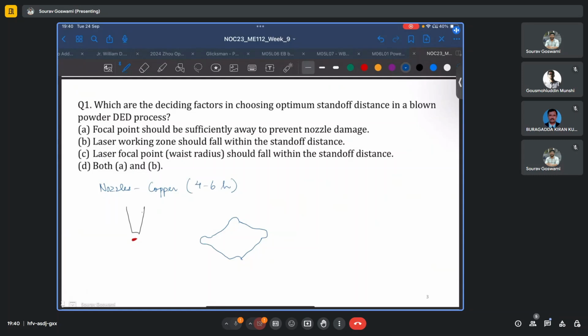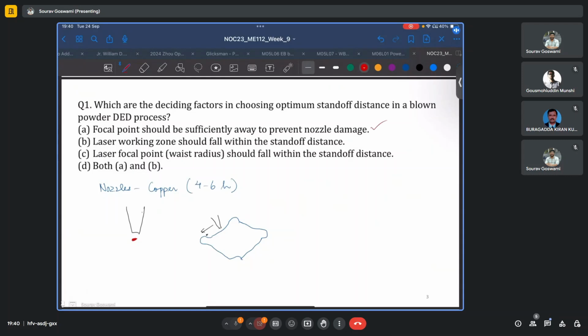So say my nozzle is there and moving in this direction, there might be a chance that because the Z height will be fixed, it may come in contact with this pre-deposited material which has bulged out at the corner and may even hit the nozzle. So the focal point should be sufficiently away to prevent nozzle damage. This is correct.